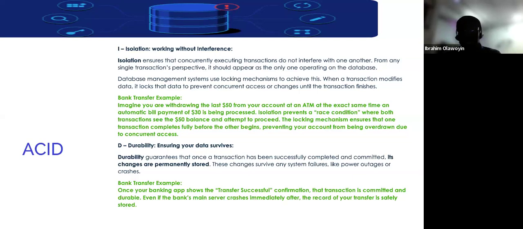So when one succeeds, and you are able to remove the 2,000 naira, the other transaction gets an insufficient funds feedback. So it locks it at that moment, because otherwise it would violate data integrity.